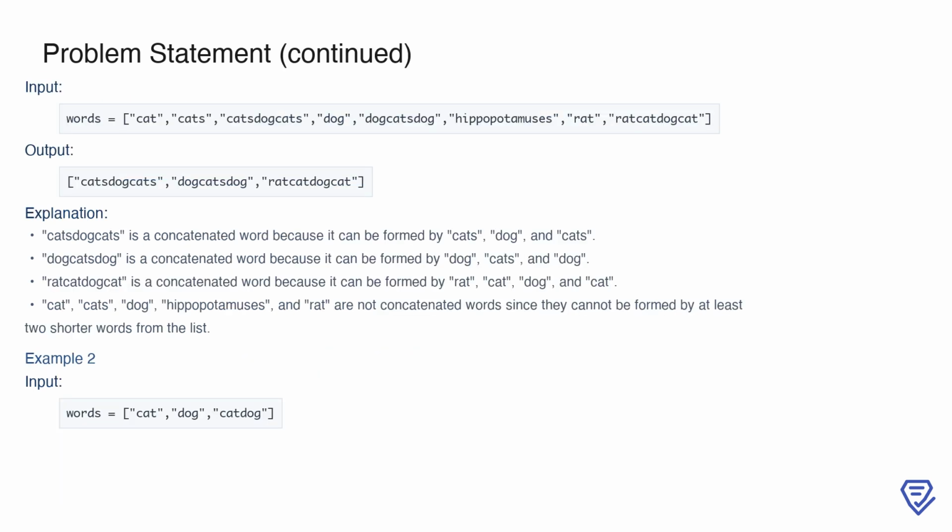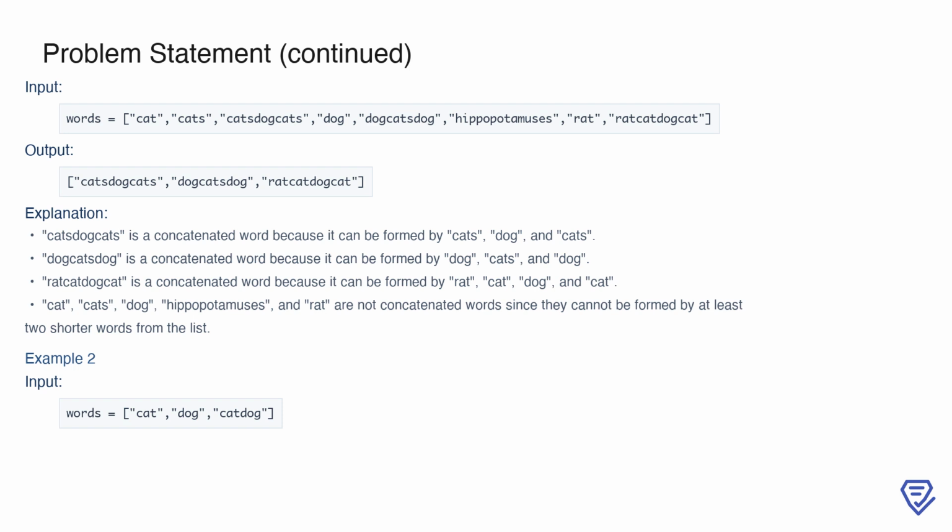Consider the input array words equals cat, cats, catsdogcats, dog, dogcatsdog, hippopotamuses, rat, ratcatdogcat. The output for this input will be catsdogcats, dogcatsdog, ratcatdogcat. Let's break it down. The word catsdogcats is a concatenated word because it can be formed by combining cats, dog, and cats from the list.